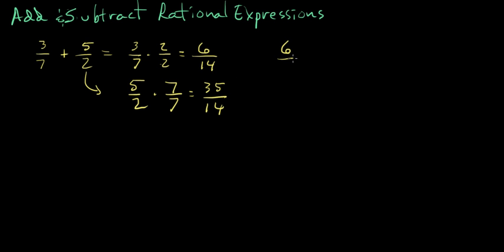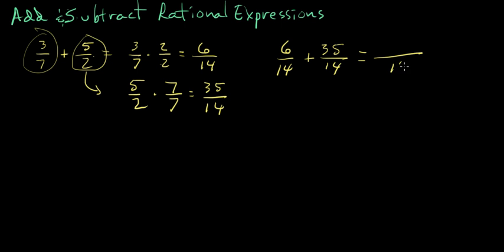So we have 6 over 14, which is equal to this fraction, plus 35 over 14, which is equal to this fraction, and now I can add them because I have the common denominator. Okay, so 6 plus 35 is 41. So this is my result. Now that's how you add and subtract fractions.